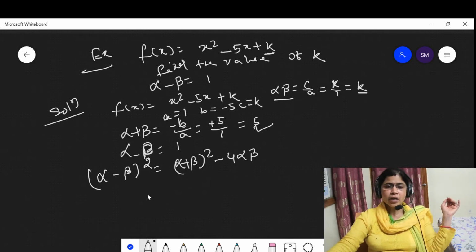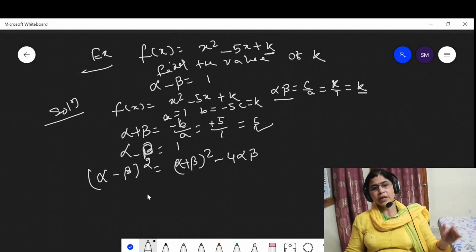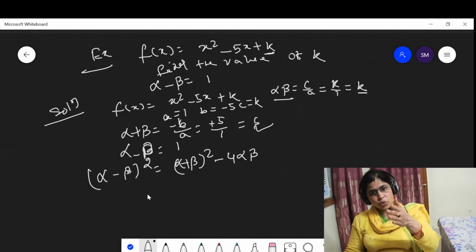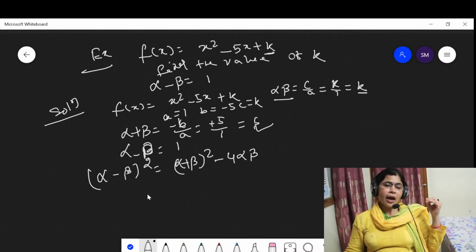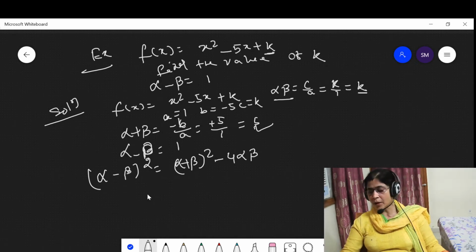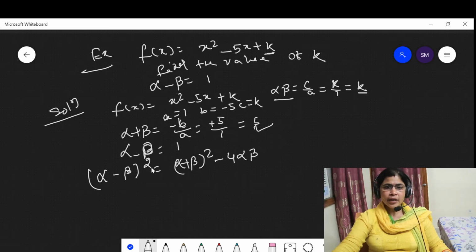Am I right? A minus b whole square is a square plus b square minus 2ab, and a plus b whole square is a square plus b square plus 2ab. So alpha minus beta whole square can be written as alpha plus beta whole square minus 4 alpha beta. Okay.